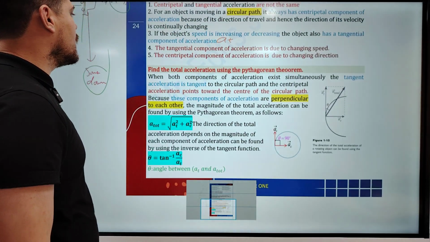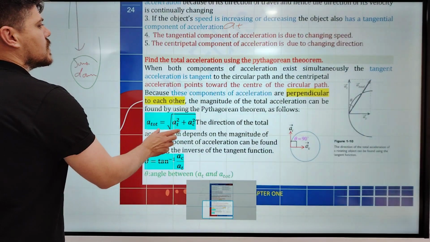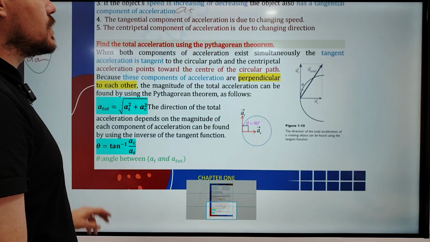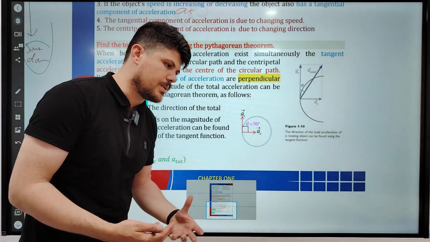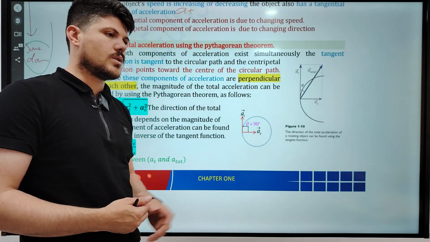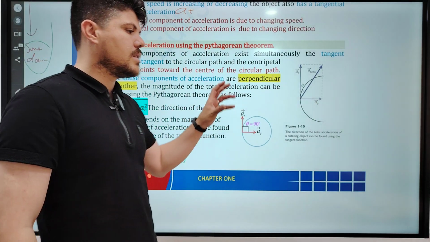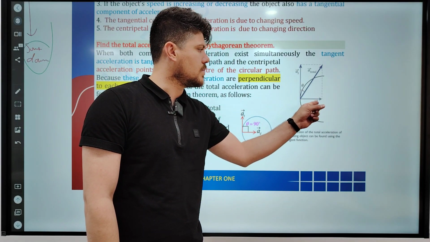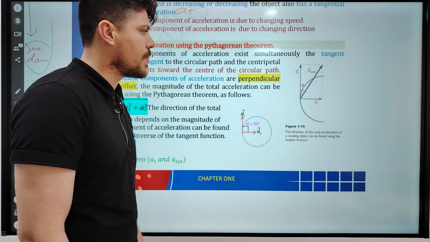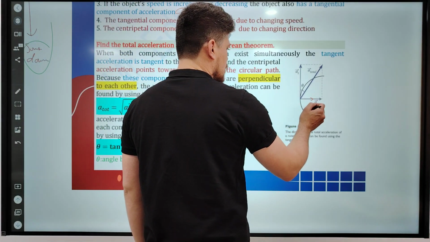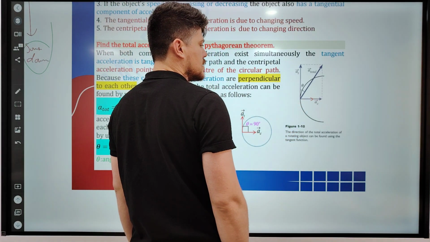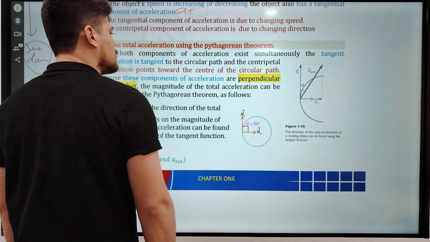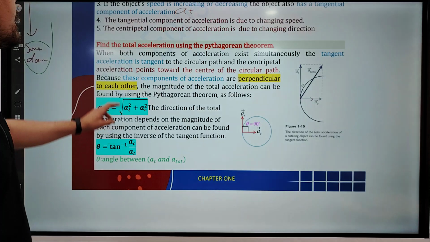To find the total acceleration we use the Pythagorean theorem. As you can see, for example, when the object is moving with varying speed, if the speed is not constant in a circular path, the object experiences both types of acceleration, centripetal acceleration and tangential acceleration. The centripetal acceleration is toward the center of the circular path, and the tangential acceleration is directed tangent to the object's path.